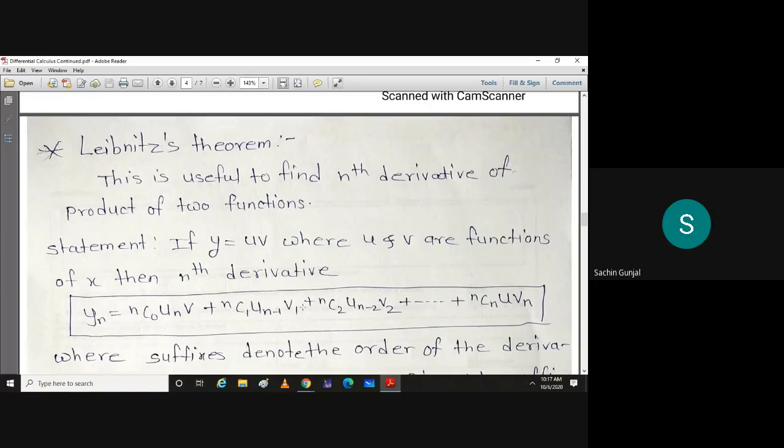And what is nC2? n into n minus 1 upon 2 factorial. nC3 is n into n minus 1 into n minus 2, whole thing divided by 3 factorial, and so on.